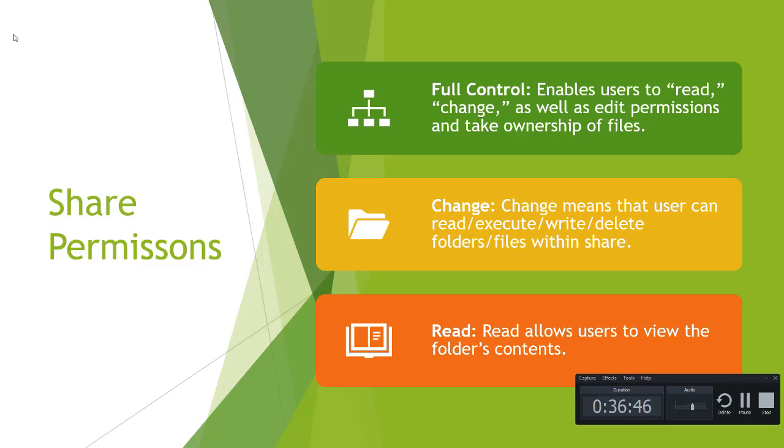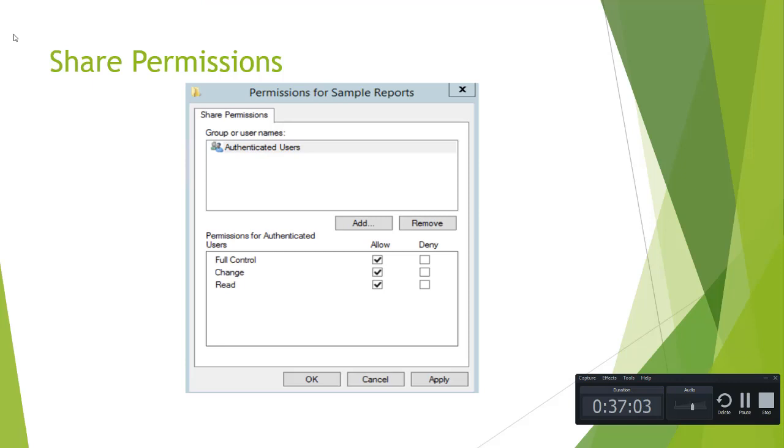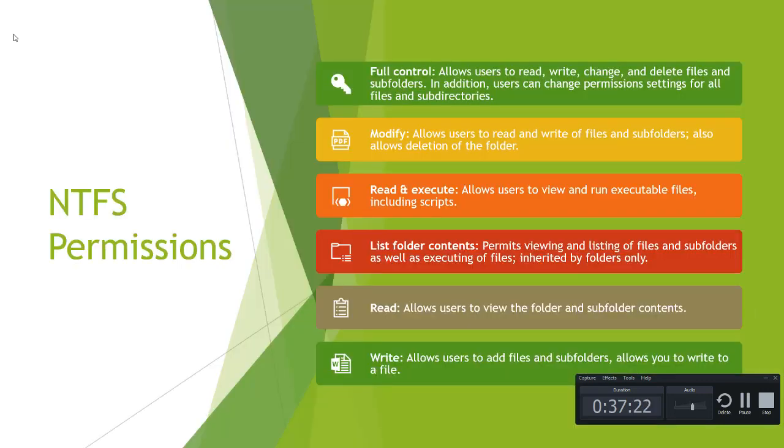It's kind of an older type of permissions grouping, so you don't really use share permissions as your main thing, but it's good to know that they're there, so that you know what people have been allowed or not allowed. And actually, this can mess you up too, because we'll talk about that in a second.